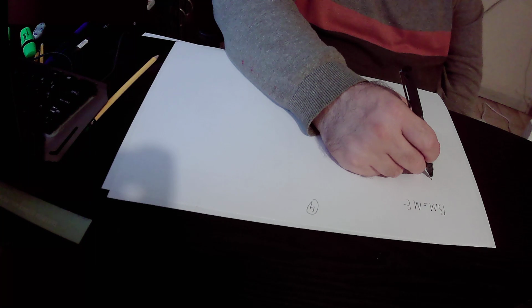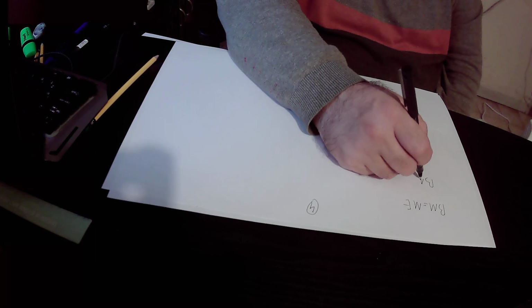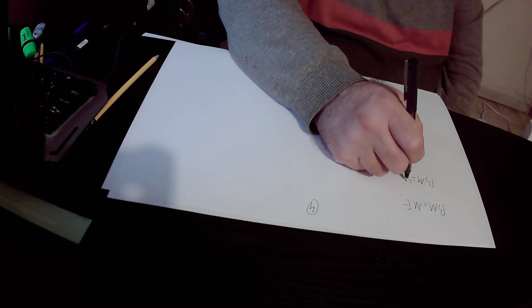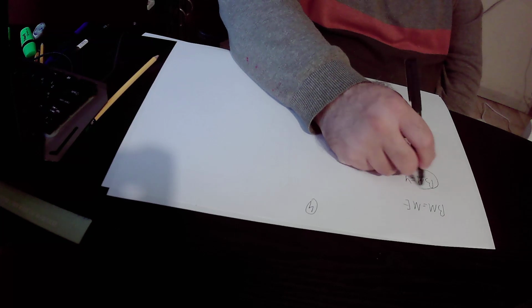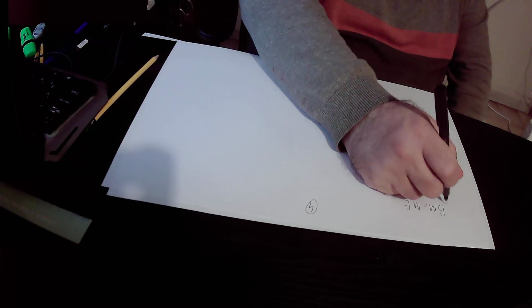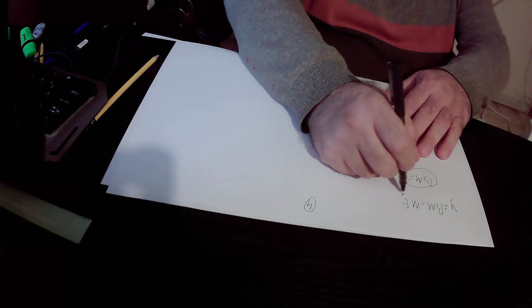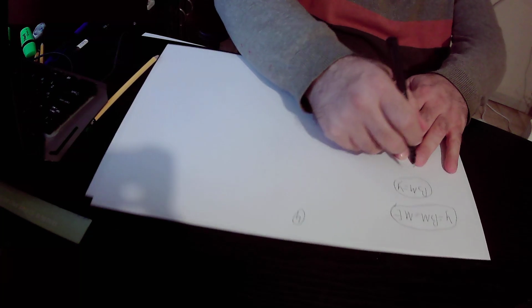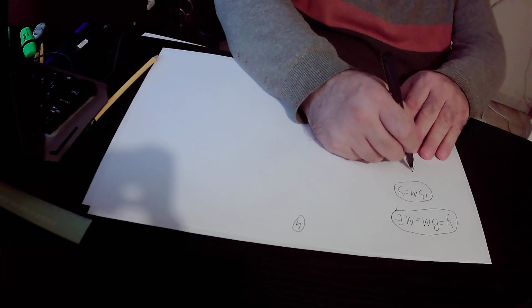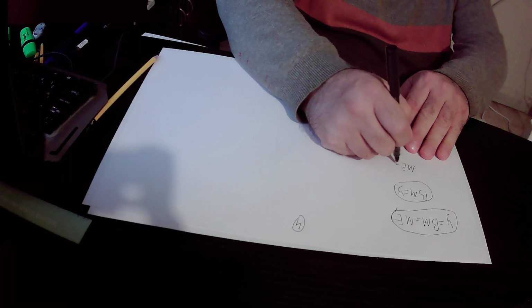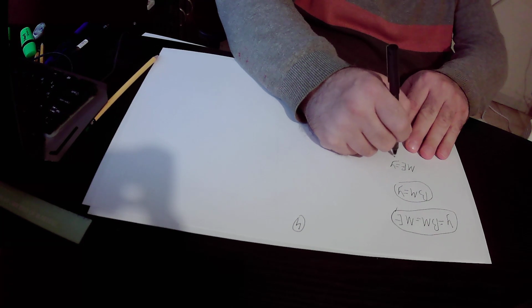If we define BM as Y, that is to say BM equals Y according to our definition, then from this equation, Y equals BM equals ME, we will conclude that ME is also equal to Y. ME equals Y.